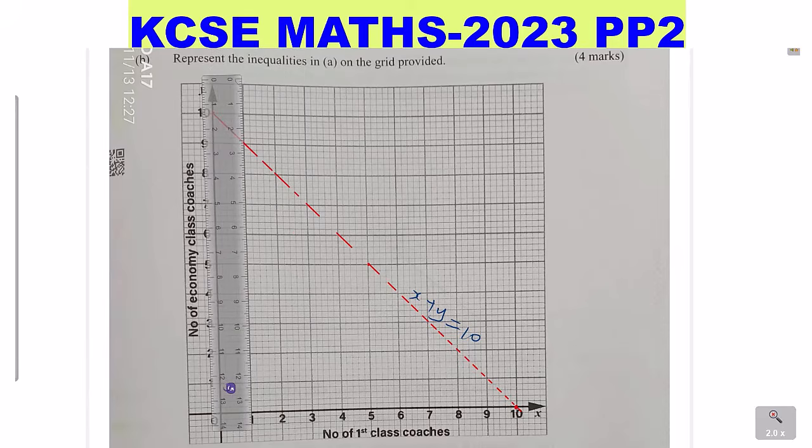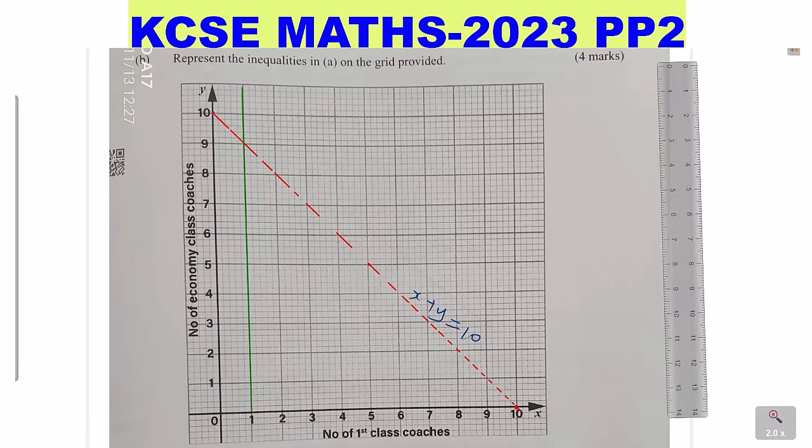So this vertical line is the line passing through 1, and it should be continuous.